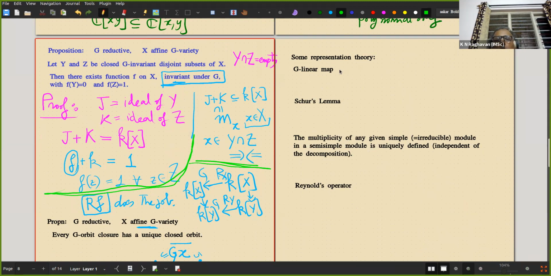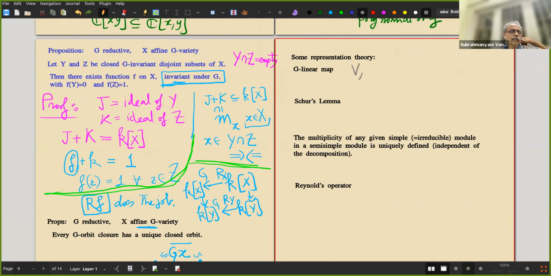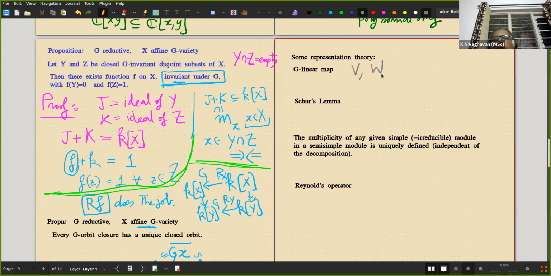This is very elementary material from general representation theory, nothing to do with algebraic group representation theory. You can just think of G as a group acting on vector spaces, linear representations of groups. Suppose I have representations V and W on which G acts.